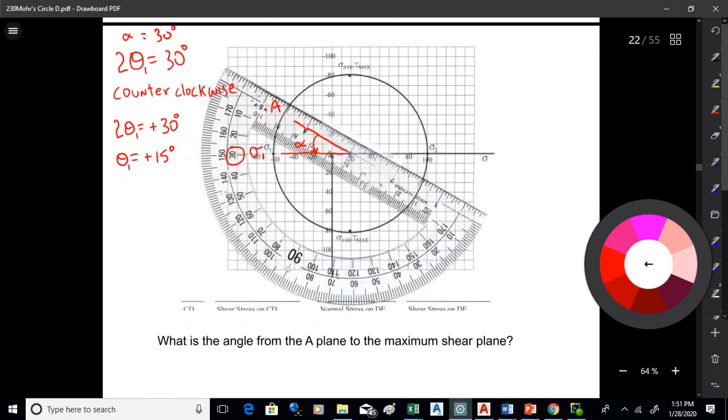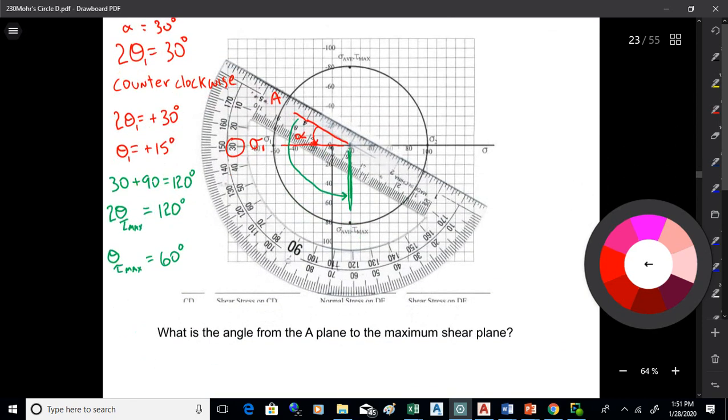If you want the maximum shear plane, you just add 45 to the 15. On the circle you're going 90 degrees more to get down to the maximum shear at the bottom of the circle, and in reality it's half of the circle angle, so it's 45 more.